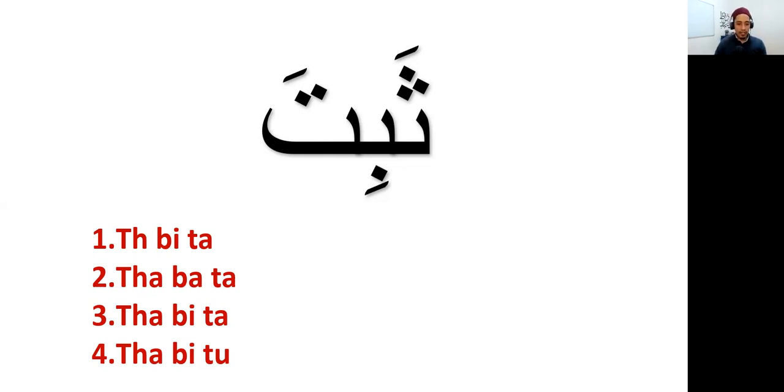Now, I like that answer, because it is not completely wrong. If you look at answer number 1, it's beta. Look at the difference between number 1 and 3. Number 3 is written in English as thabita. Number 1 is beta. See, it's missing the a after the letter tha. So be cautious of that.